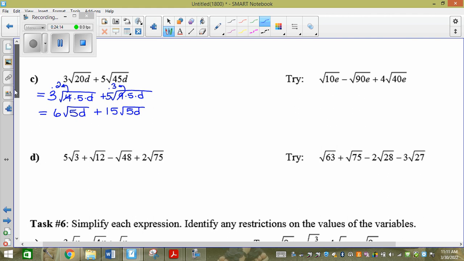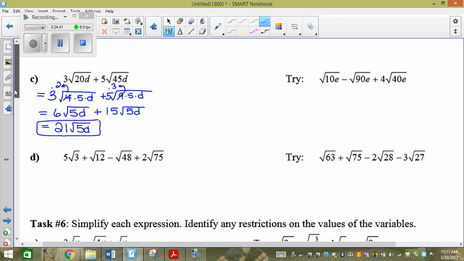Do you see why you put those numbers together in the front? We were talking about that yesterday. You always put them together as multiplication because now what are we going to do? Collect like terms because they are like. So once we reduce a radical, we're just doing the easy questions like we were on the previous page. So what's 6 plus 15? 21 root 5d.